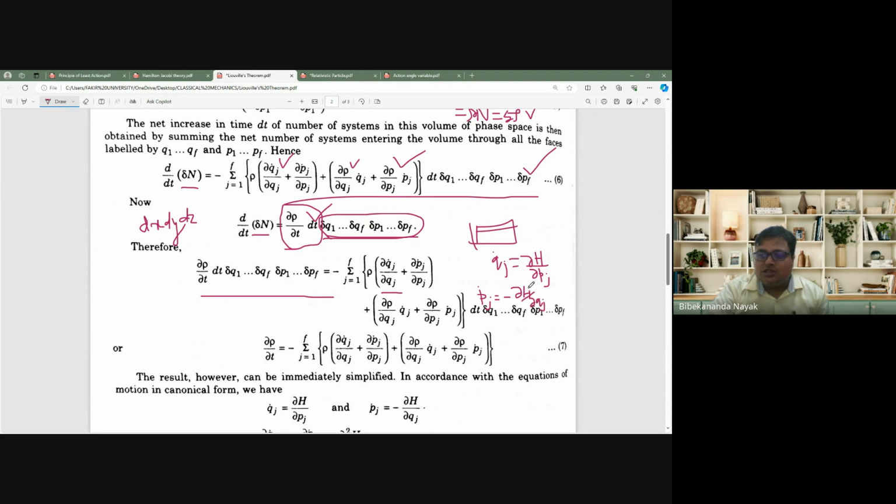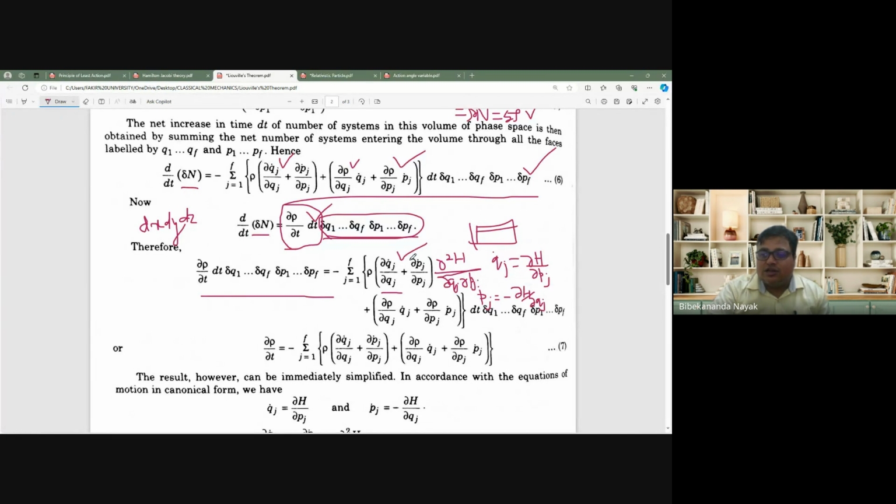Please substitute in this equation. So here, del by del qj of qj dot means del by del qj of del h by del pj, which will be equal to del square h by del qj del pj. Is not it?